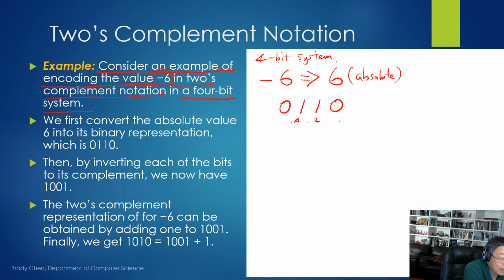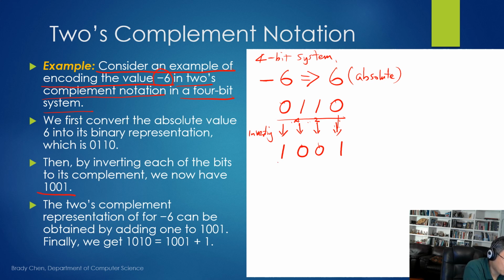And then, since it's a negative number, -6, the next thing we do is invert each bit into its complement. So 0 becomes 1, 1 becomes 0, 1 becomes 0, 0 becomes 1, right? So we got 1, 0, 0, 1.